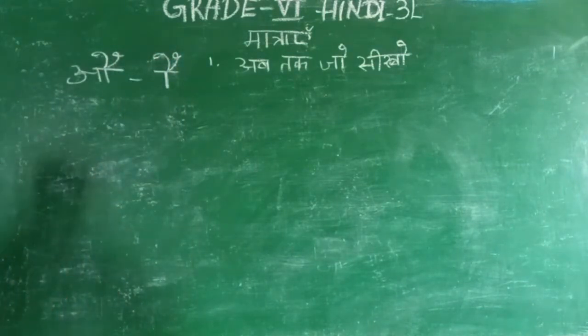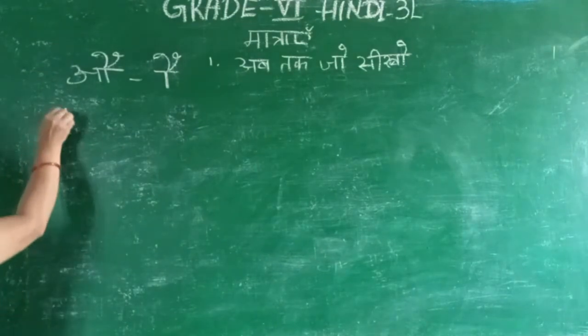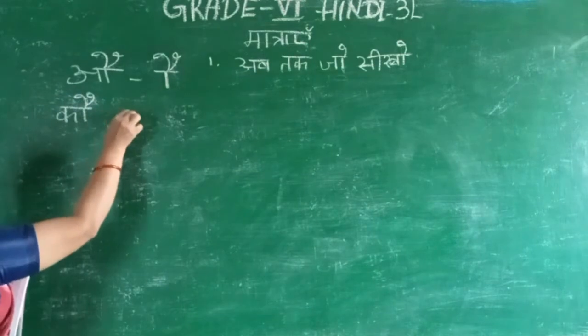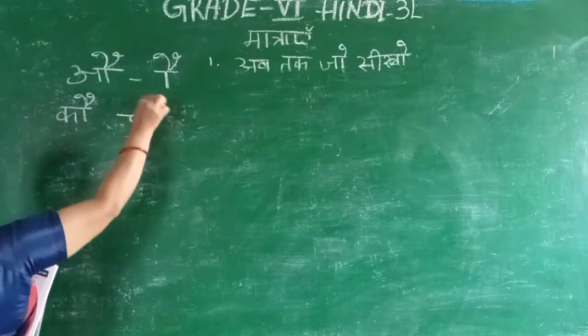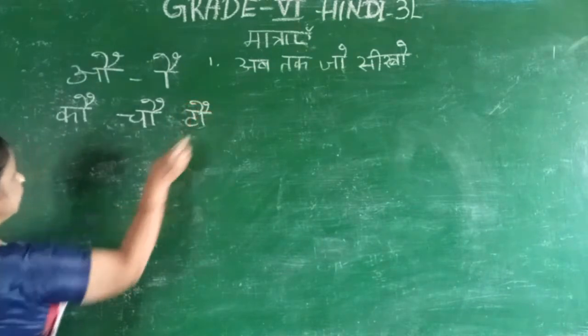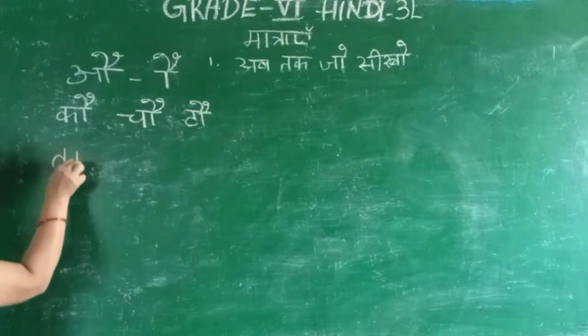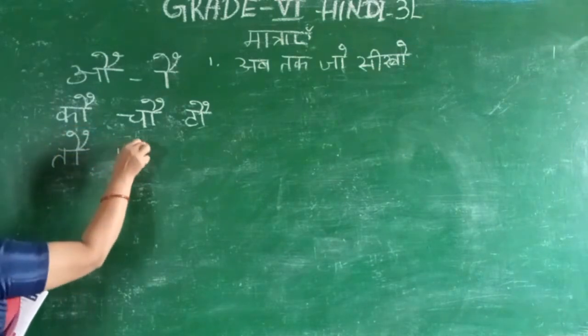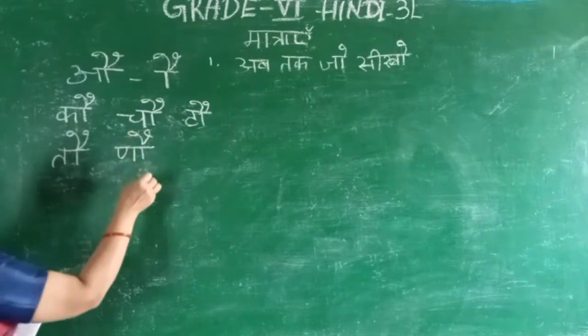For example, let us see. Ka plus au, cow. Cha plus au, chow. Ta plus au, tau. Na plus au, now.